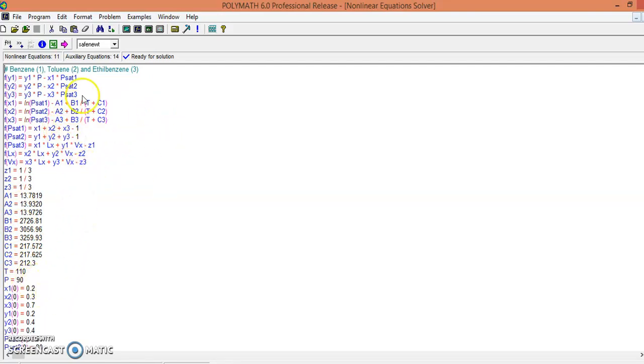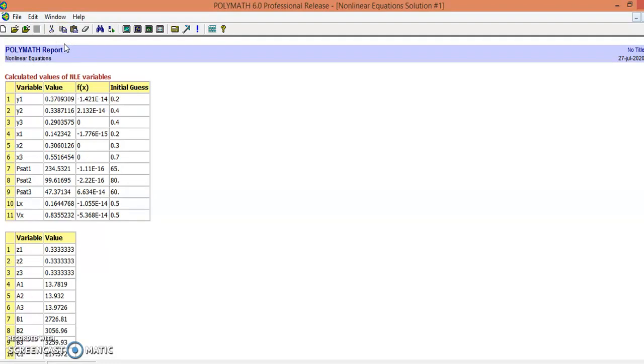So now, in order to solve this system, we need to click here, and there are all the results for this problem. We already know the vapor mole fractions and the liquid mole fractions.